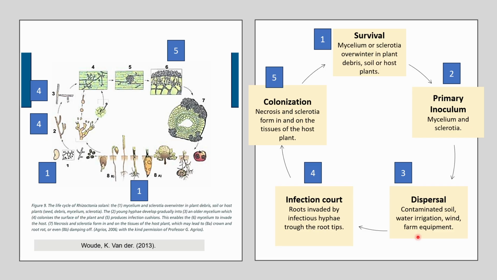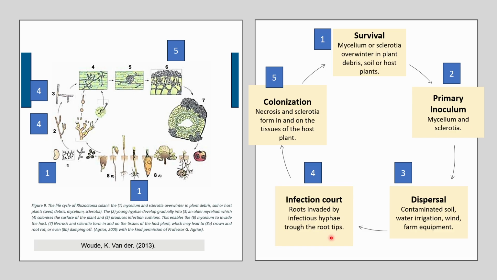About the infection cycle, this is very interesting because the roots are invaded by the infection hyphae through the root tips. But how does this pathogen know about the roots? It's because the secretions produced by the host plants activate the sclerotia.